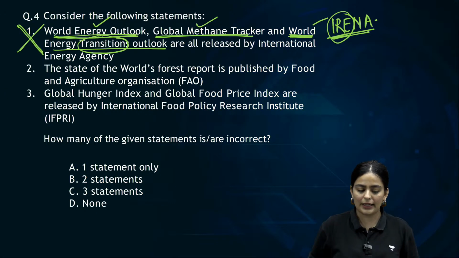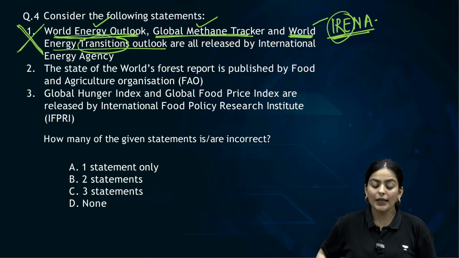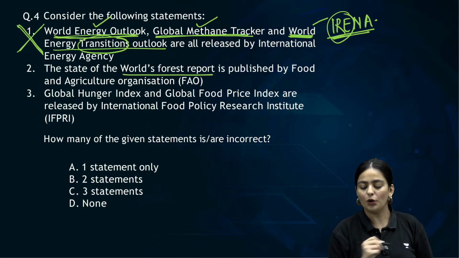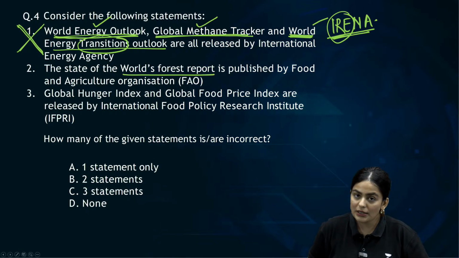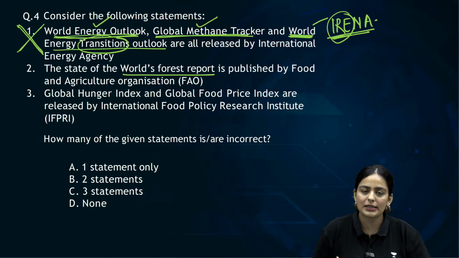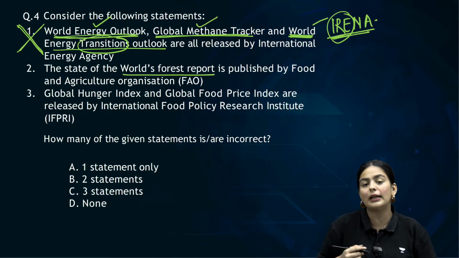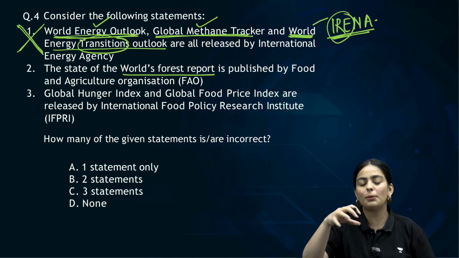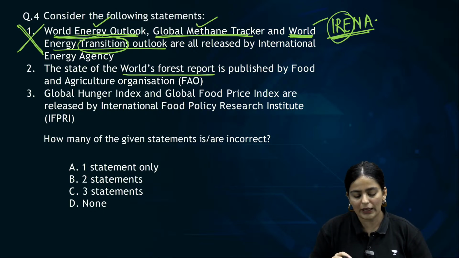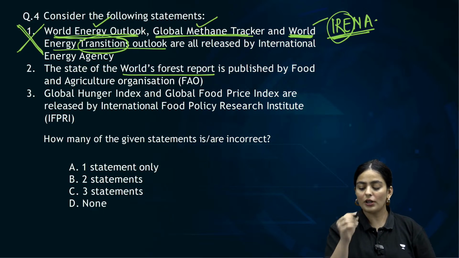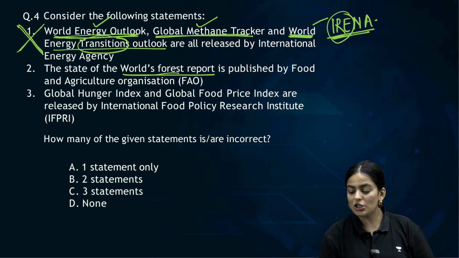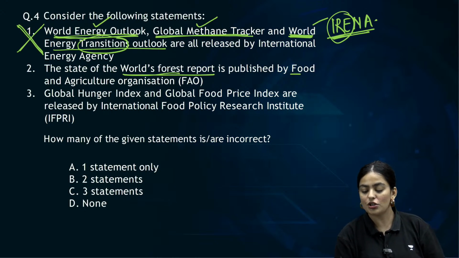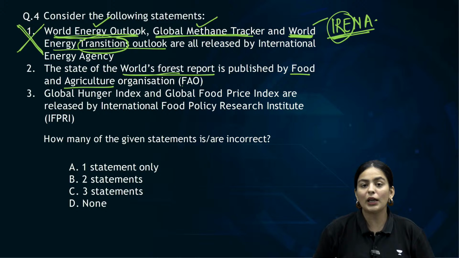Let's read our second statement. The State of the World's Forests report. I will not dive into too much discussion. I'm sure you have already done this in your Prelims classes in environment, but this is just a revision since we will be doing FAO reports together. The State of the World's Forests report is published by the Food and Agriculture Organization, FAO.